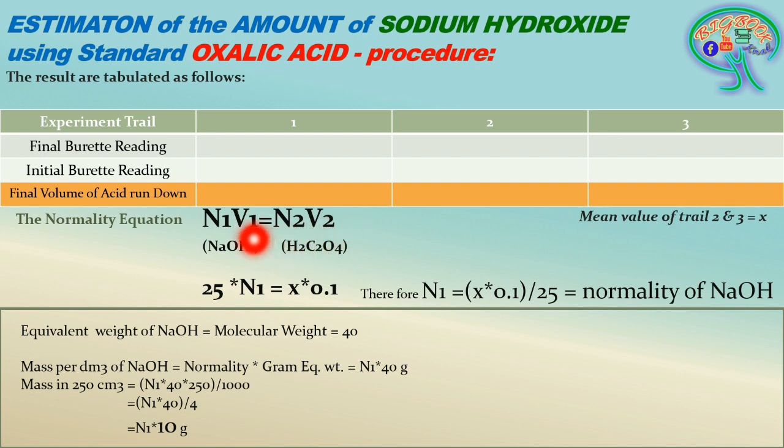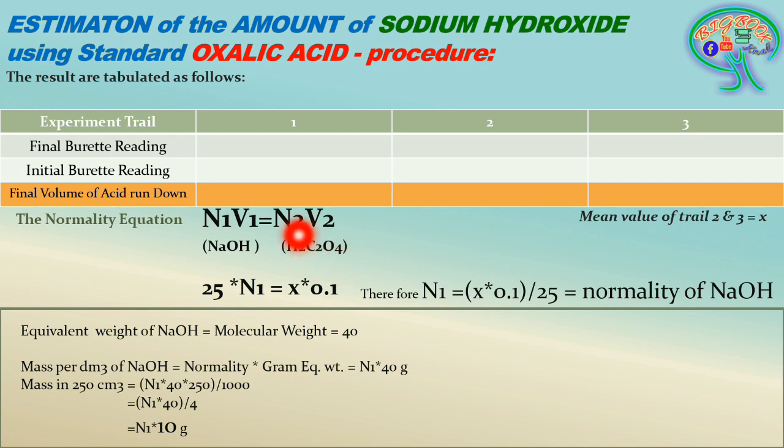So 1 and 2 represent the two different substances or reactants in the titration. Here one is NaOH and the second is the oxalic acid. NaOH is the substance which has to be estimated with the help of the oxalic acid.